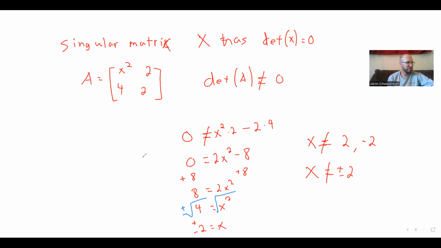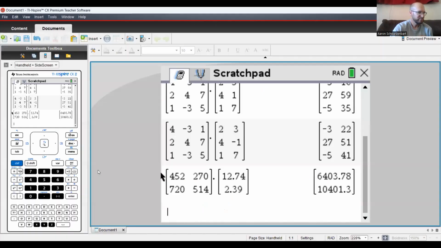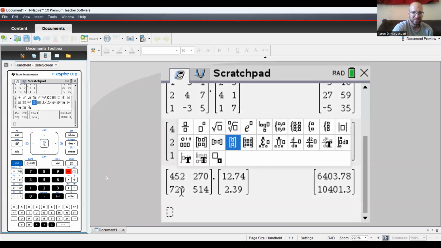Okay, if we get a 3 by 3 matrix, we will do the inverse on the calculator. I'm going to show you how to do that on the calculator here in a second. So the matrix is example 5. I'm just going to enter it in here and let you see it.